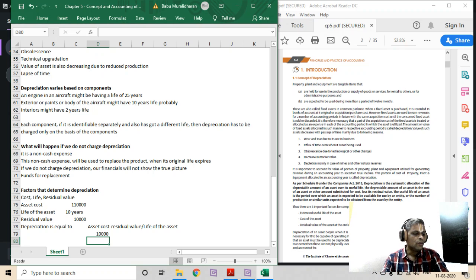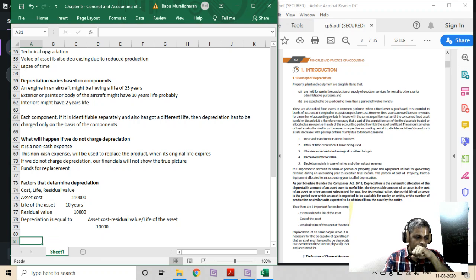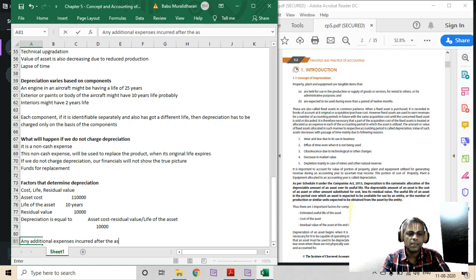Okay, so then another question that should come in is, once the asset is put into use, there are additional expenses that are being incurred. Can that be included as part of the asset cost? No. Any additional expenses incurred after the asset is put into use should not be included in the asset cost.